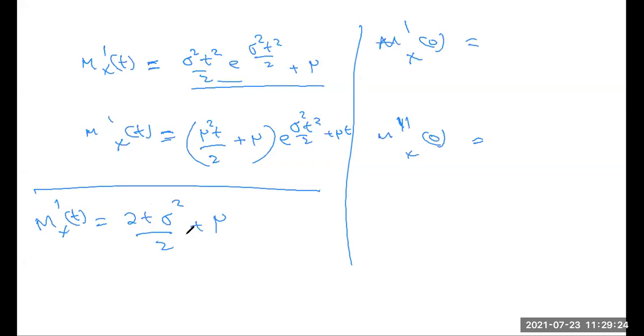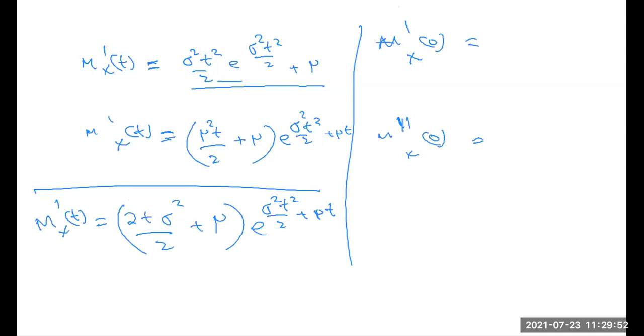Then the whole of the exponential repeated next to it. So it will be the exponential of sigma squared t squared over 2 plus mu t. Okay. Thank you, Patel, for your results.